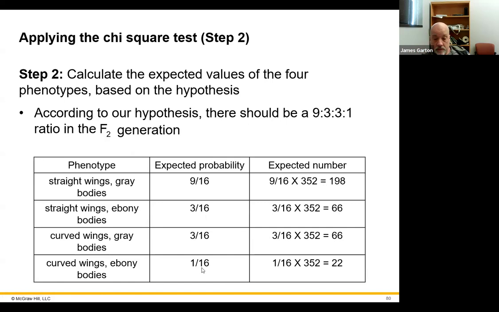And then the double mutant phenotype would be 22. If that mathematics doesn't come out evenly and you have fractions or a decimal, you can round up or round down. You can drop it, or you can round it up to the next numerical value. Or you can leave it alone. It really doesn't matter.